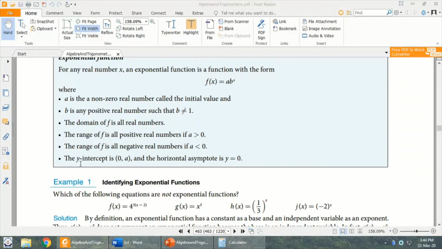And y-intercept means the initial value, just like we did with the cost function. If you remember the cost function, we said a plus bx, and I said that a is the intercept. Intercept means a constant value below which the graph is not going to fall.